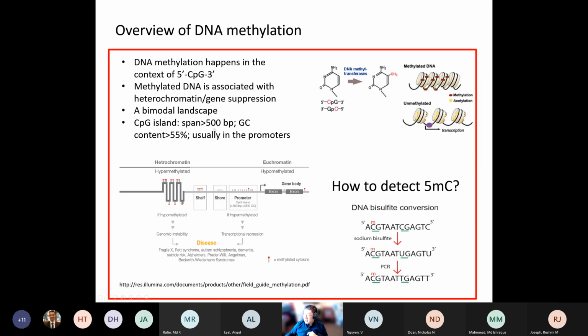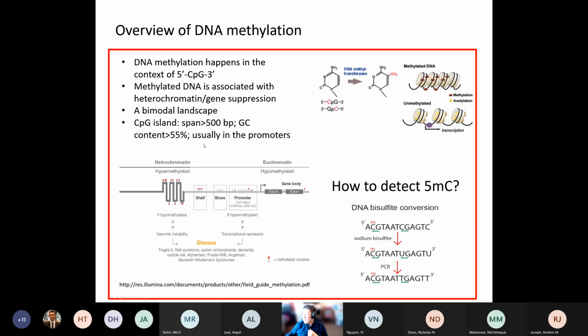The region must be longer than 500 base pairs. Easy to understand, right? It cannot be shorter than that. And the GC content of that region must be higher than 55%. And in that region, you have a lot of CG. We call that region a CpG island.